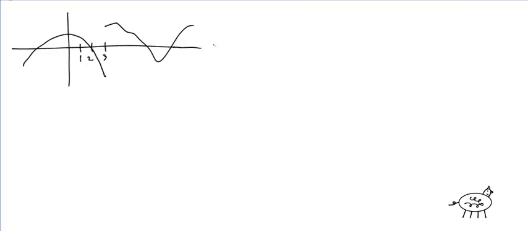Now what you're going to say is it is discontinuous at x equals 3. And there's different types of discontinuities. This is called a non-removable discontinuity.